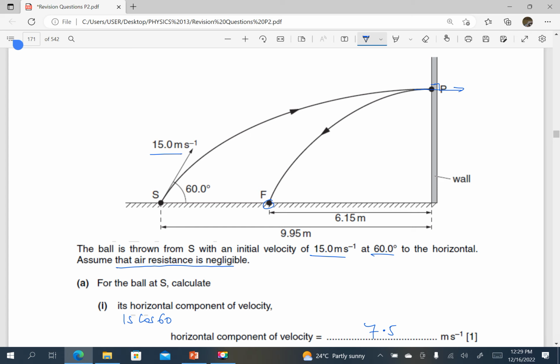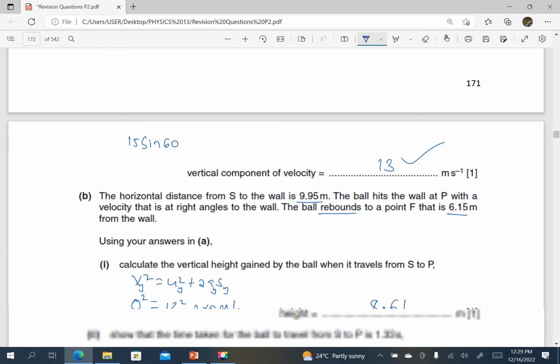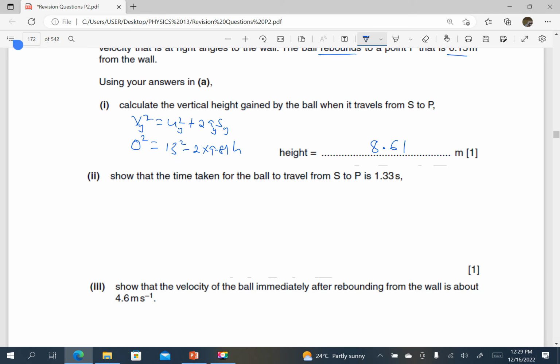Since we now know the vertical height as 8.61, we can consider vertical motion because the time is going to be the same. Or we can consider horizontal motion, no problem. Considering vertical motion, I'll write VM for vertical motion, and I use V equals U plus AT.